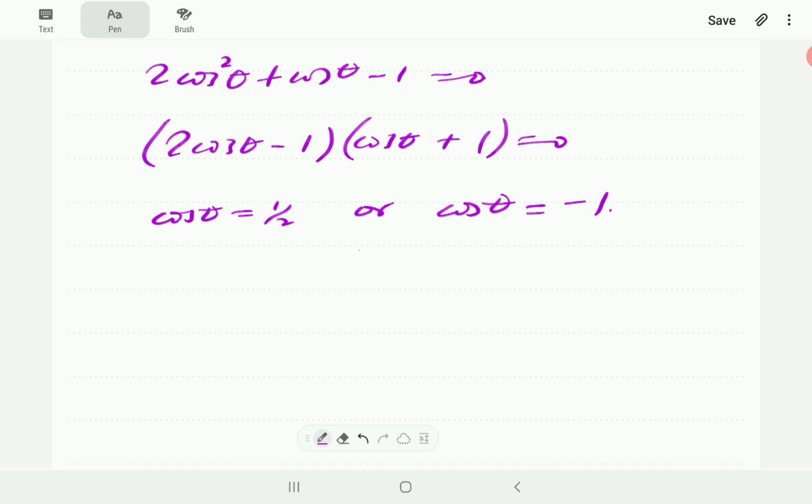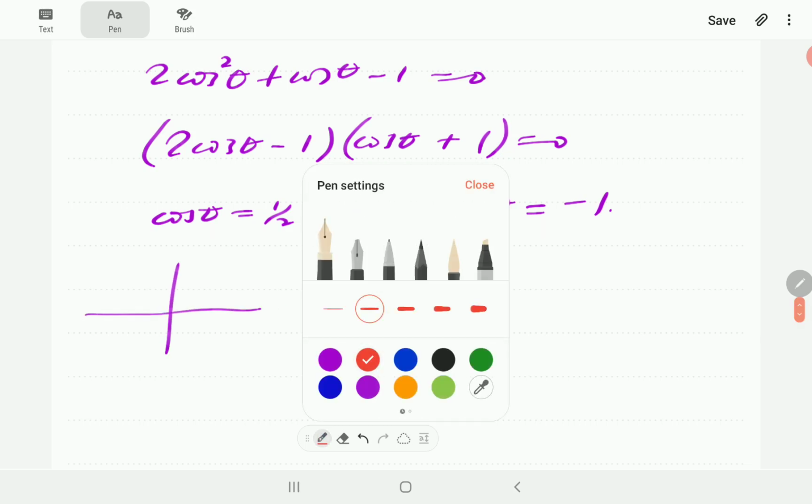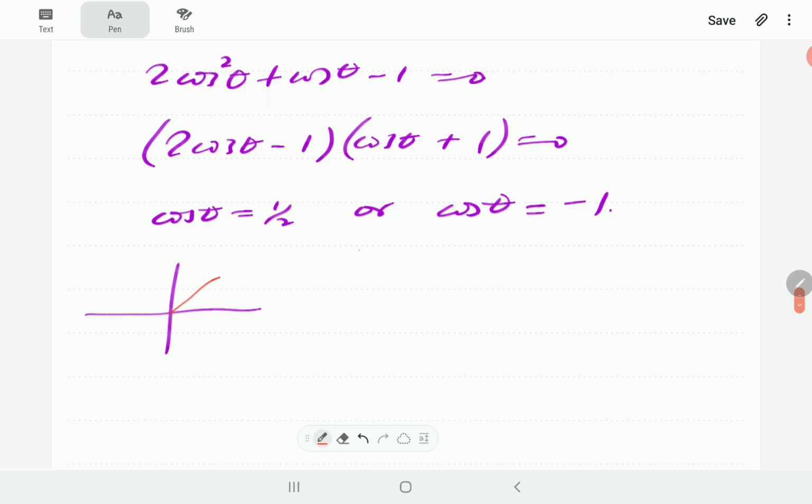Cosine theta is 1/2. So we have to ask the question, where is cosine positive? And that's going to be first and fourth quadrant.